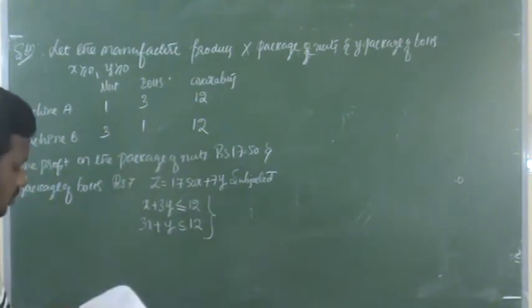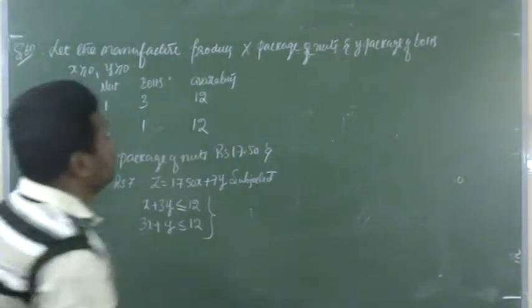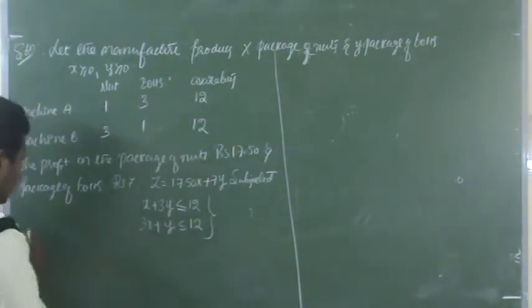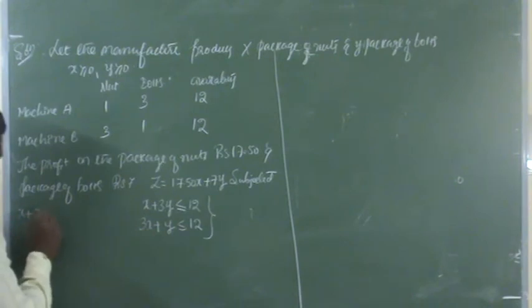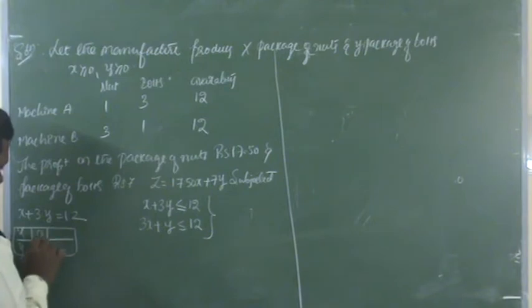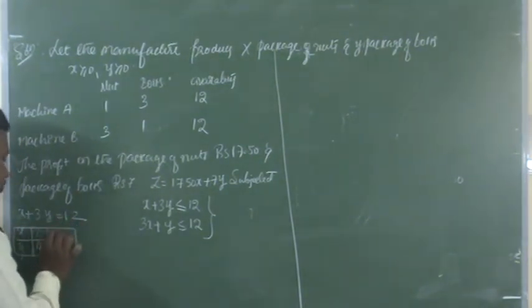Now for this we take a graph. For the first equation, x plus 3y equals 12. When x is equal to 0, y value is 4, and when y is equal to 0, x value is 12.